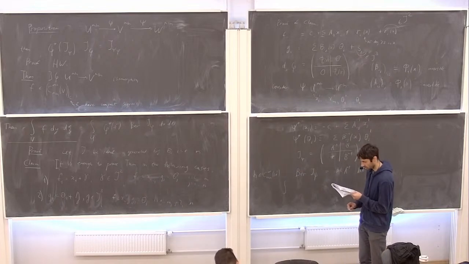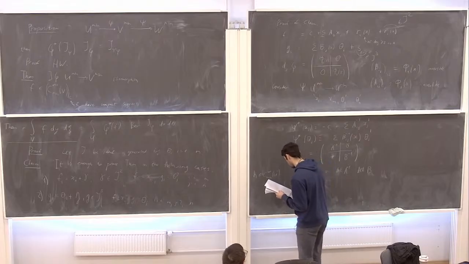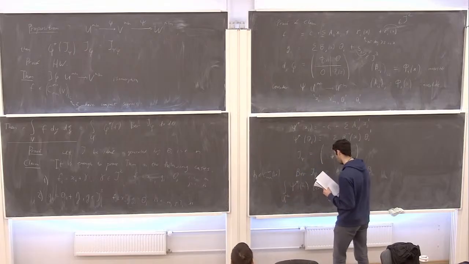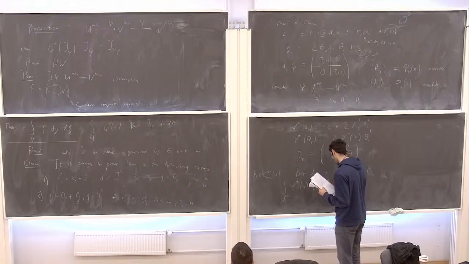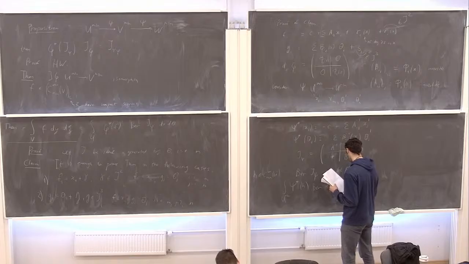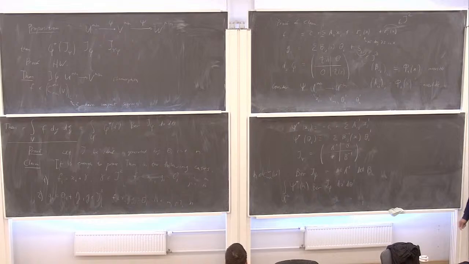And so then I would like to consider this psi star of h, integral over U mn, Berezinian of J psi, dx prime d theta prime. I want to compute this. I would like to see that this is really the integral over h dx d theta.